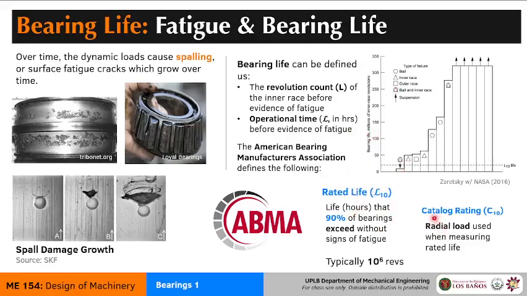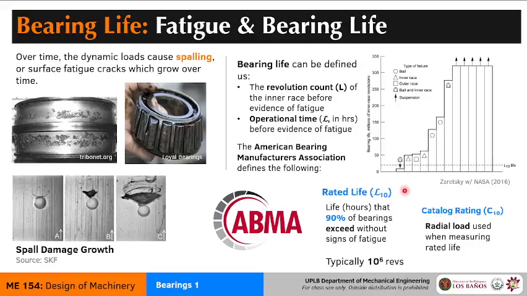So, if your Model 1 is designed to survive 1 million cycles and it is rated at 4 kilonewtons, then that means if you load 1 unit of the bearing at 4 kilonewtons, which is the catalog rating, 9 out of 10 chances it will survive beyond 1 million cycles.